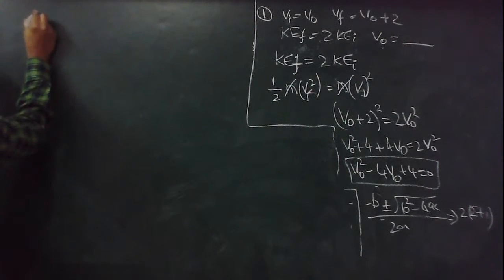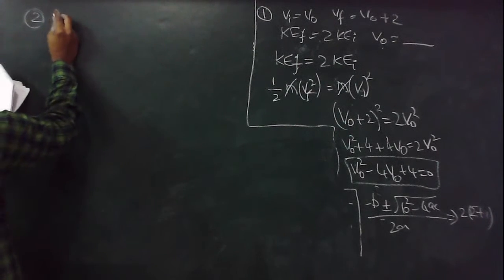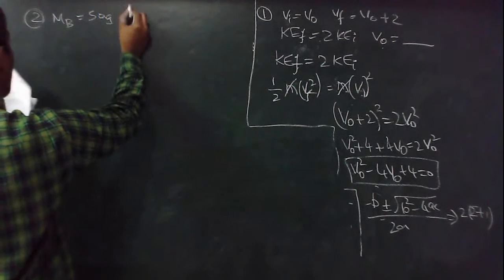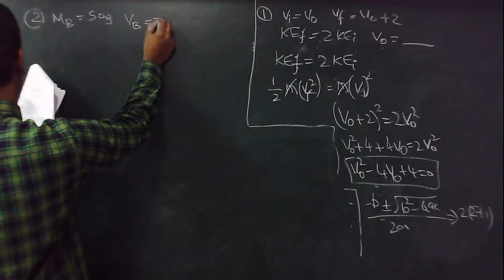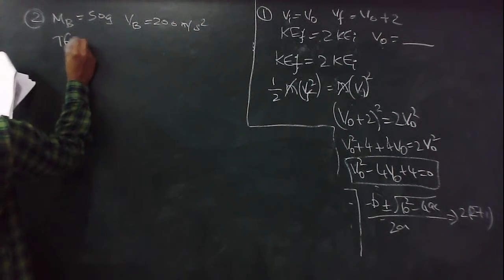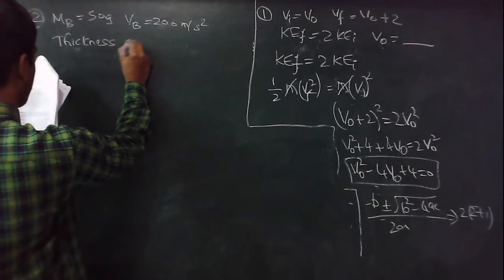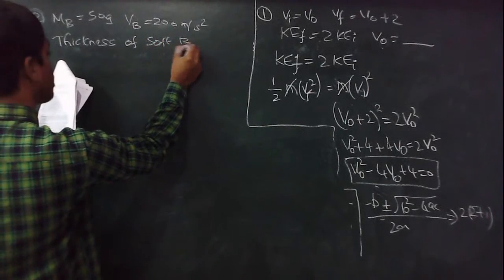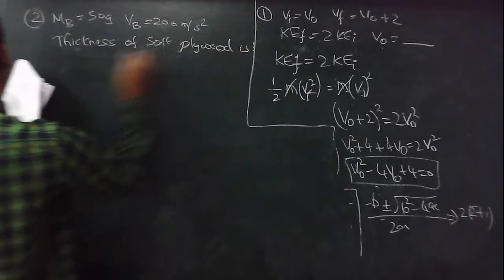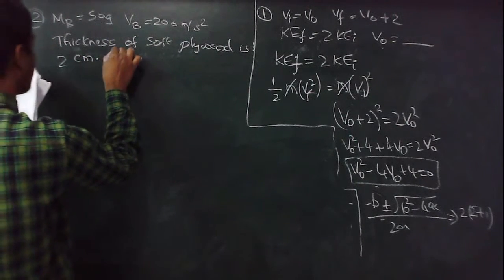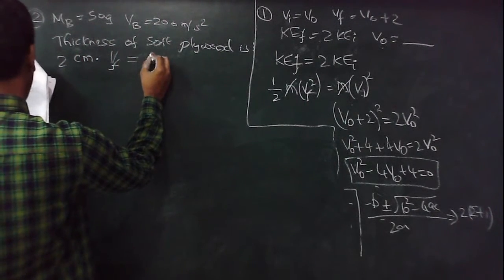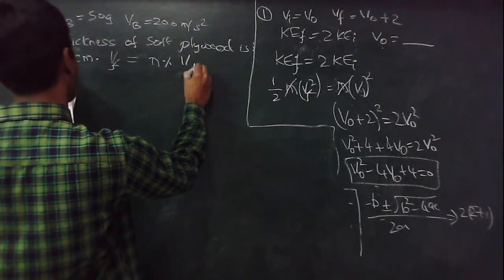Okay, the second problem. The mass of the bullet is 50 grams and its speed is 200 meters per second and the thickness of the soft plywood is 2 centimeters, and after going through the soft plywood it comes out with n% of its initial value.